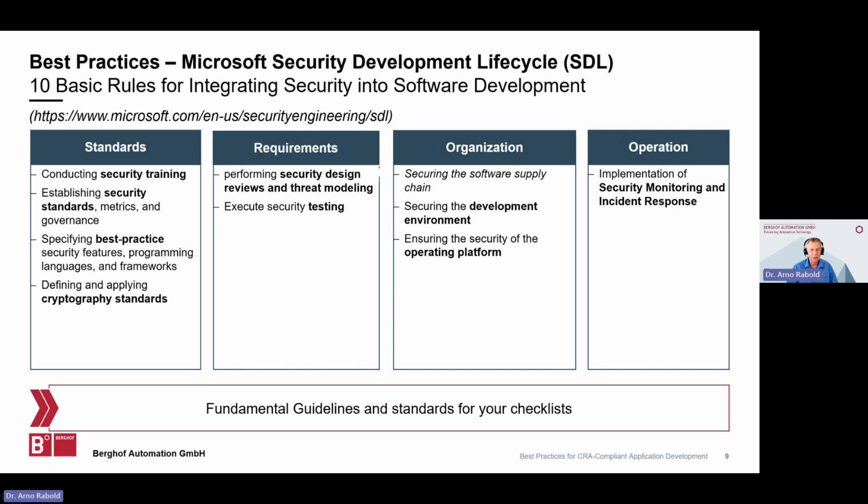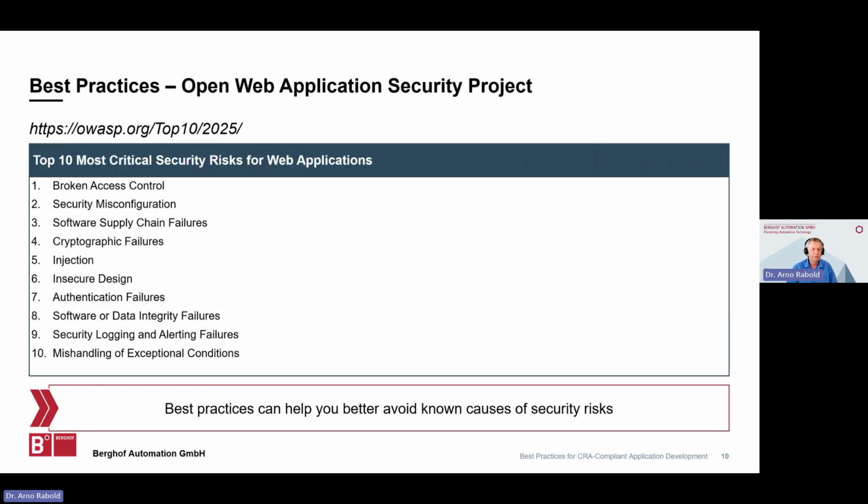Of course, if you want to become better, you can think about how you can learn from the mistakes of others. So I can add best practices from the internet to learn from and to check each time you implement something or do a release. You have here a list, also freely available, with the 10 most critical security risks for web applications.